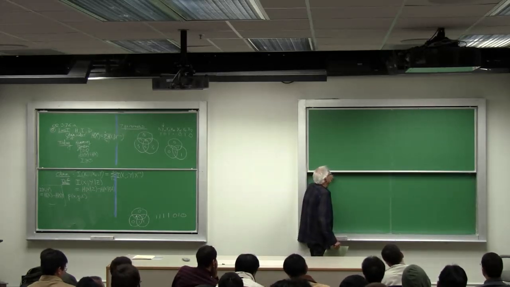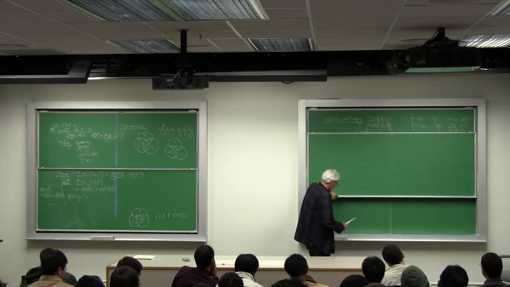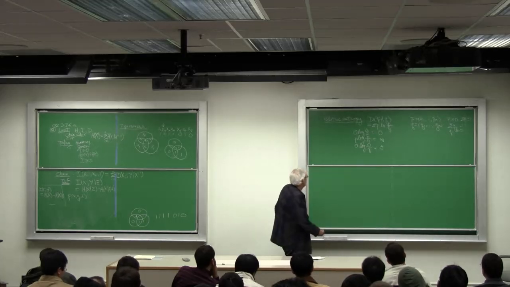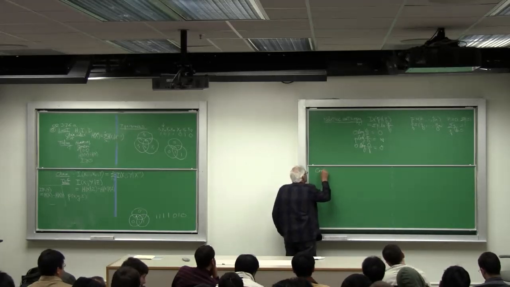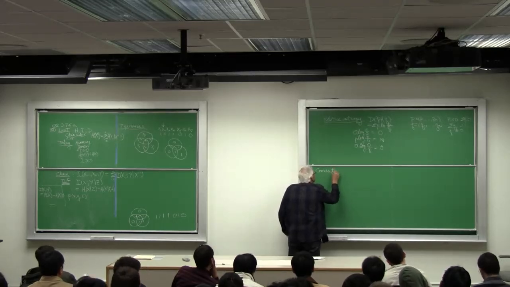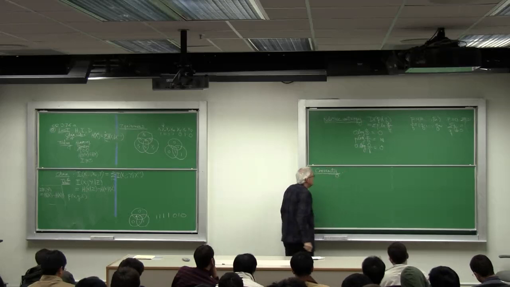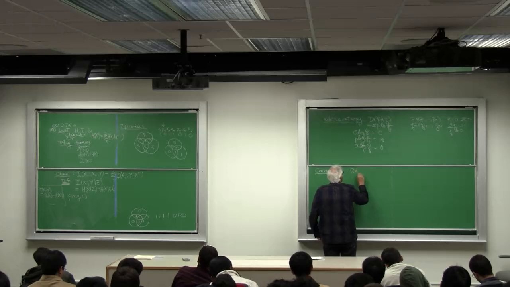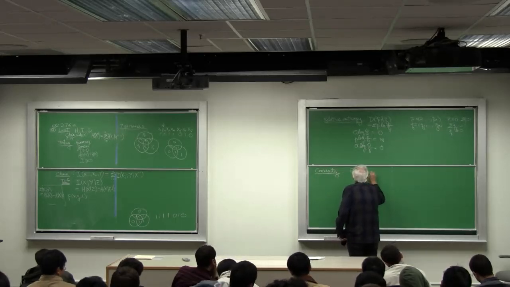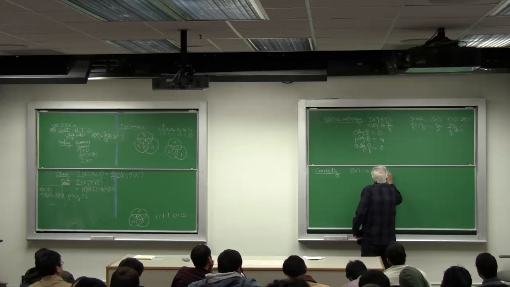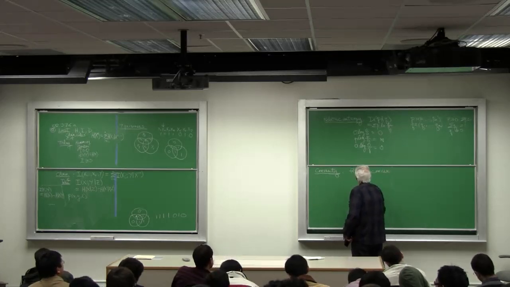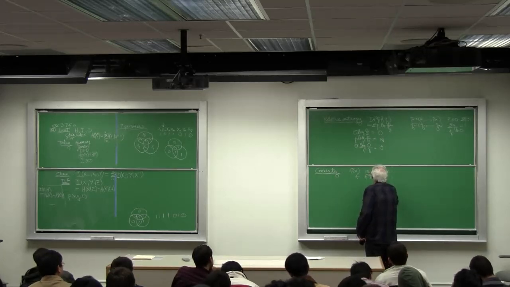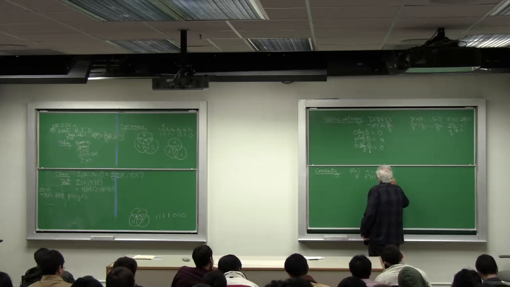Now, we'll look at convexity. A convex function, f of x, is convex if the second derivative is greater than 0 for all x.